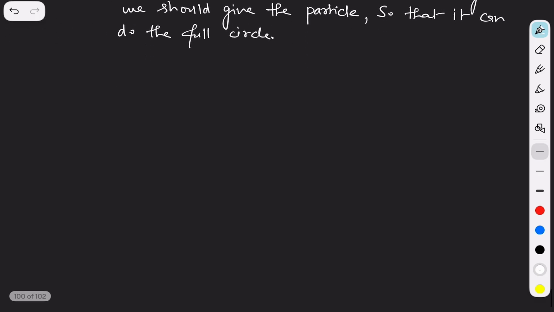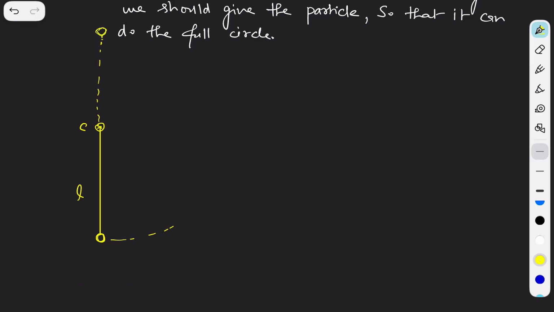Okay, so guys, let's say the particle is right now here, and this is your support system C, length is L. The concern is that when it goes like this and wants to complete the circle, it should always follow the centripetal condition.